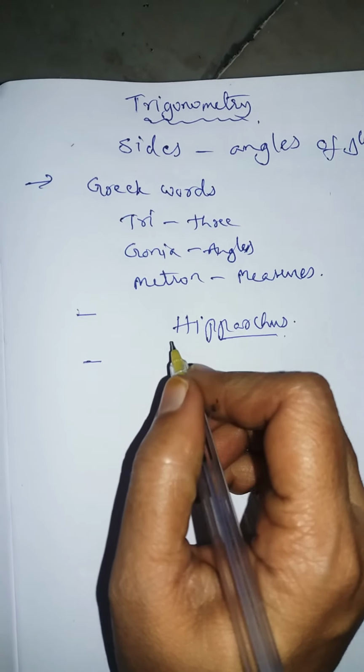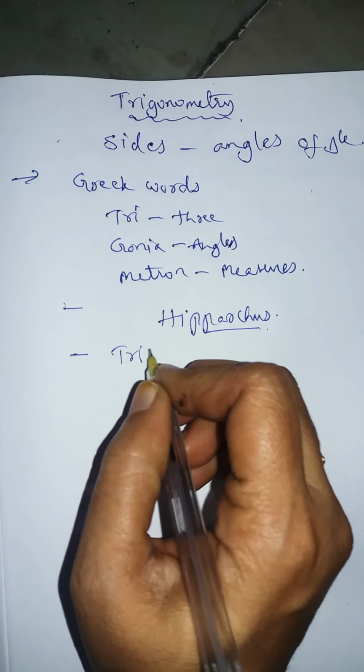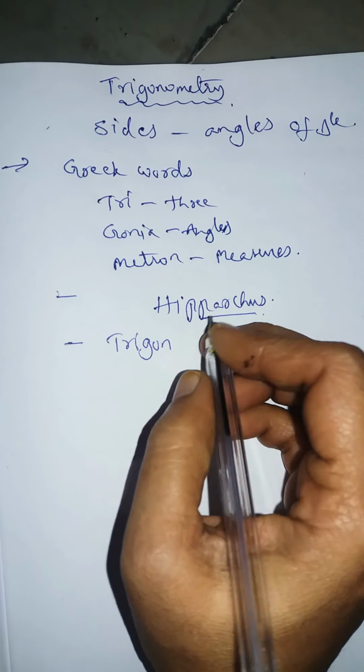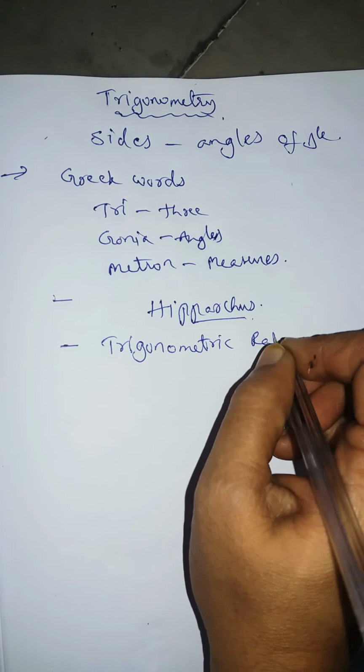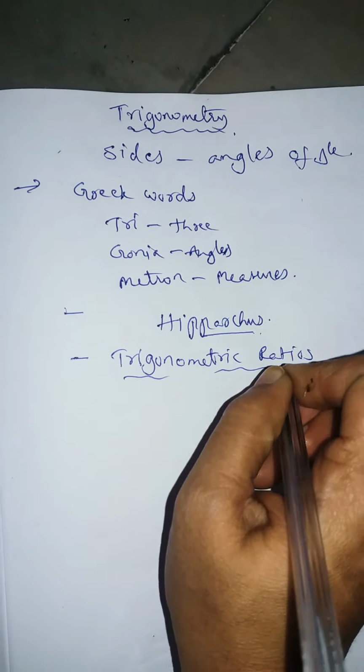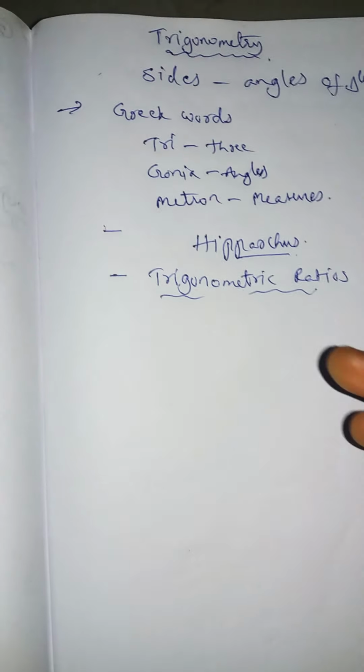The next topic is trigonometric ratios. In trigonometry, generally we use a right angled triangle.